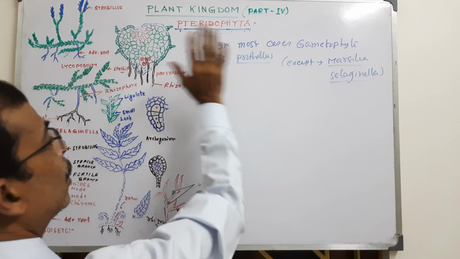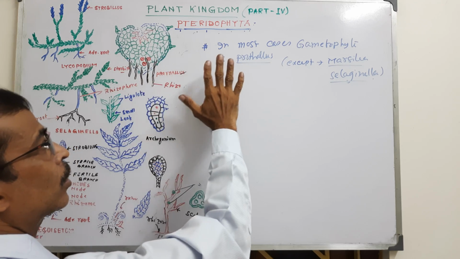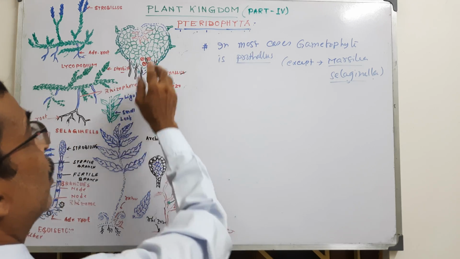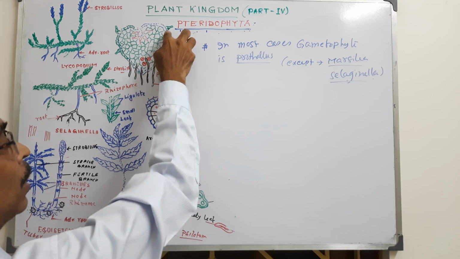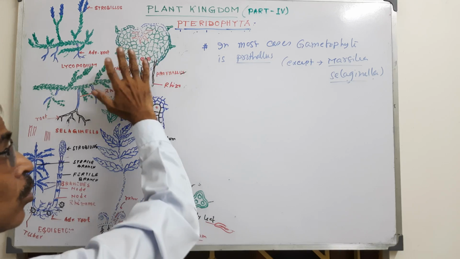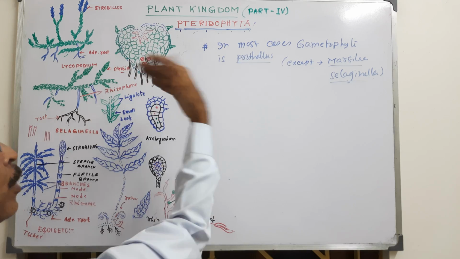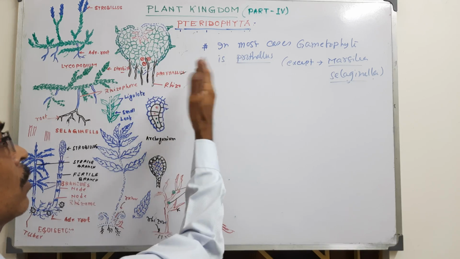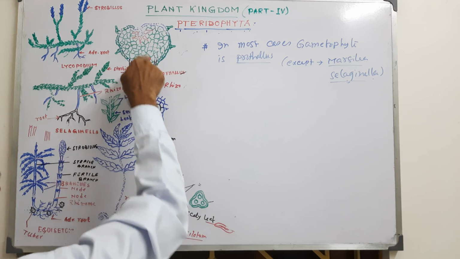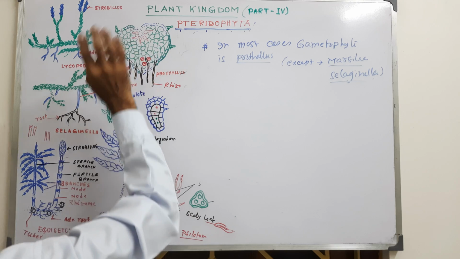The prothallus is a thallus-like structure, green, autotrophic, bearing rhizoids, multicellular. It may be monoecious in homosporous species and dioecious in heterosporous species, and it possesses antheridia and archegonia.